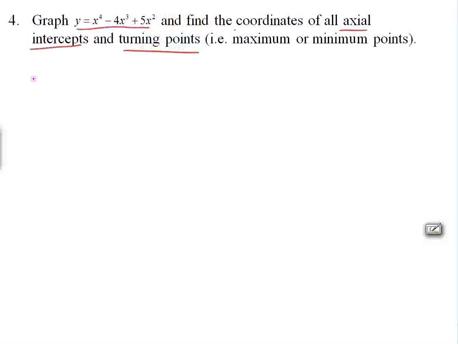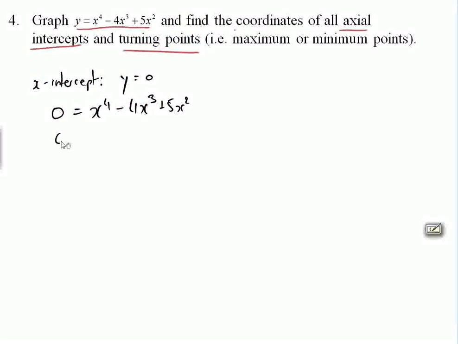Let's find the x-intercepts first. What can we say? y equals 0. So at the x-intercept y equals 0, so we can say 0 is equal to x to the power of 4 minus 4x cubed plus 5x squared.